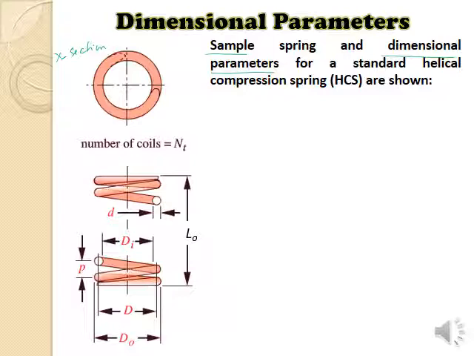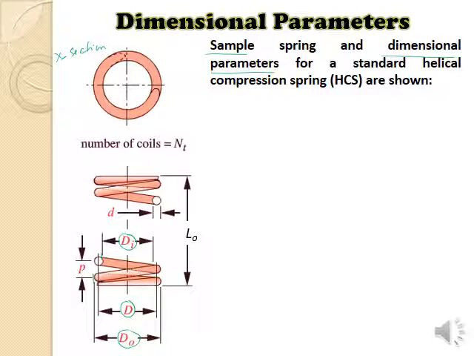You can see that there is an outer diameter of the spring and an inner diameter of the spring, which is from the inner side, and this is from the outer side. This is the outer diameter, this is the inner diameter, and in between we define a diameter which is called the mean diameter of the spring.